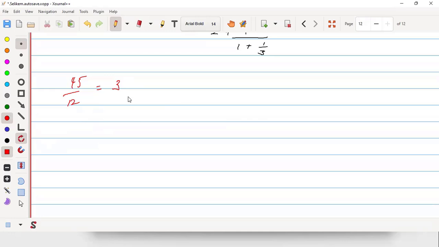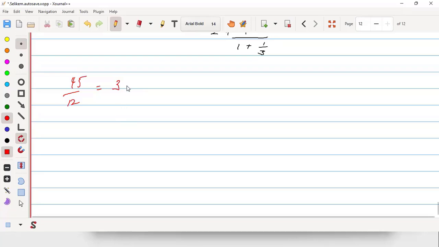No, it's not 11 over 12. It's going to be 9 over 12. Let me confirm it. 45 over 12 is 3 whole number 3 over 4. So 3 plus 3 over 4.